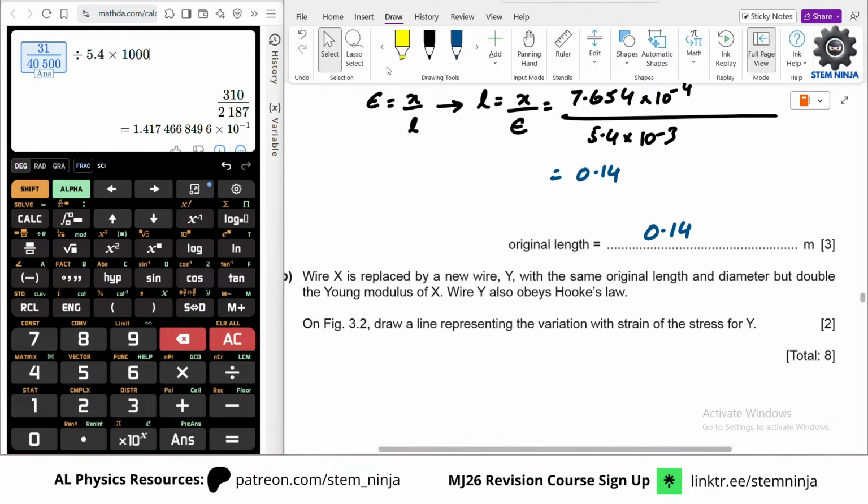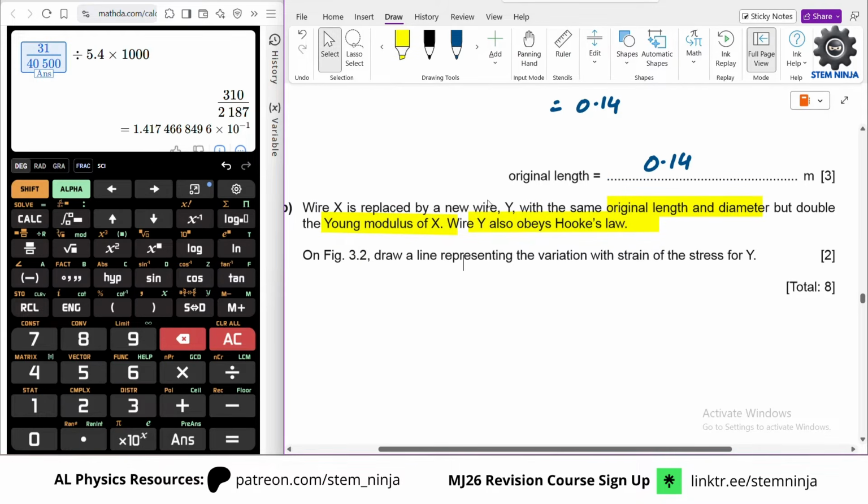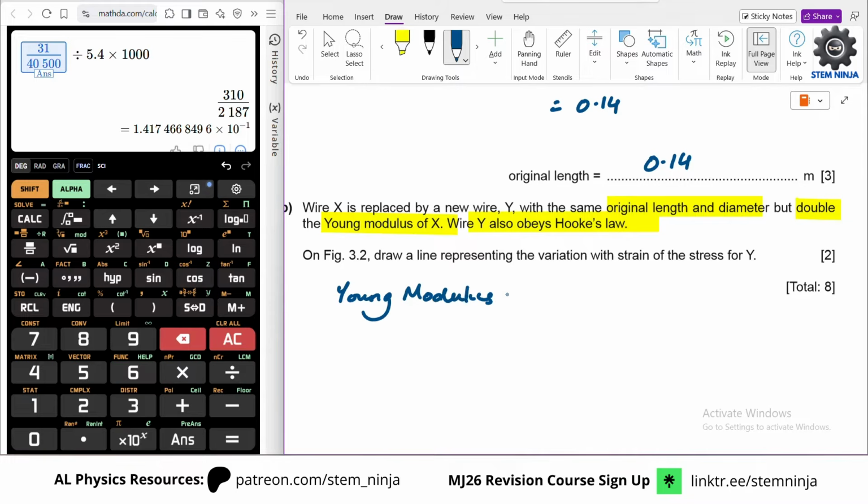Wire X is replaced by a new wire Y with the same original length and diameter but double the Young modulus of X. Wire Y also obeys Hooke's law. Okay. Now, double the Young modulus. Young modulus is basically the gradient of the straight line region in the graph of stress versus strain.